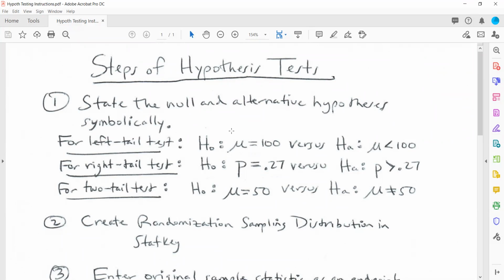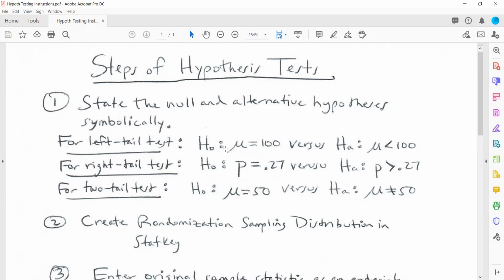The first step is to state your null and alternative hypotheses symbolically, not in a sentence. Whatever problem I give you, it'll be clear what the hypothesized value is.